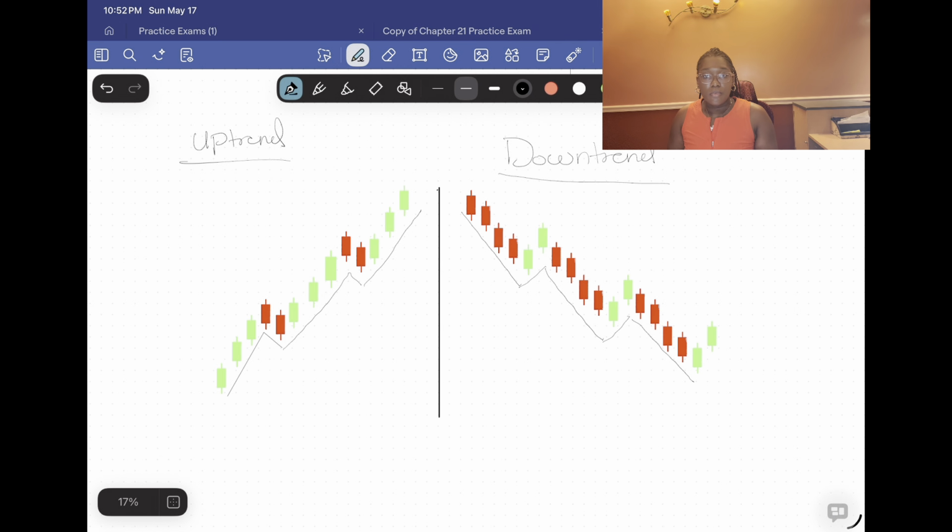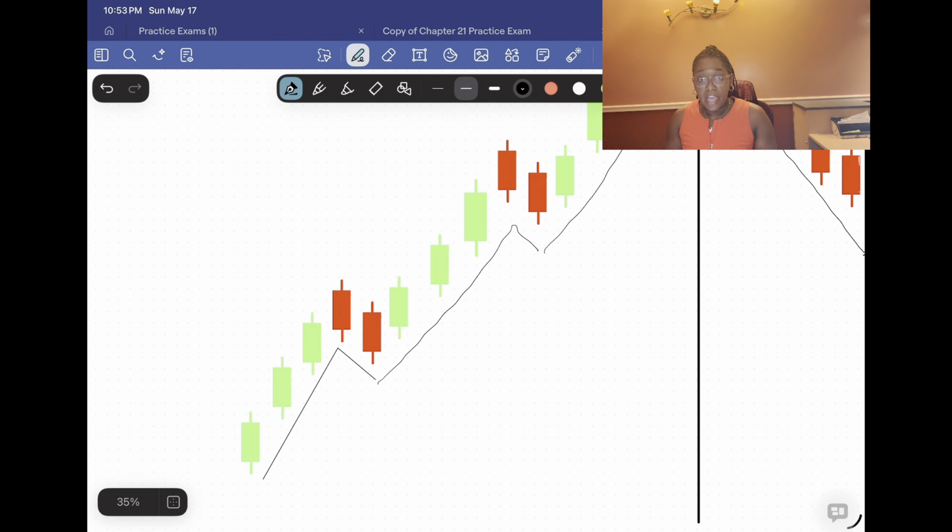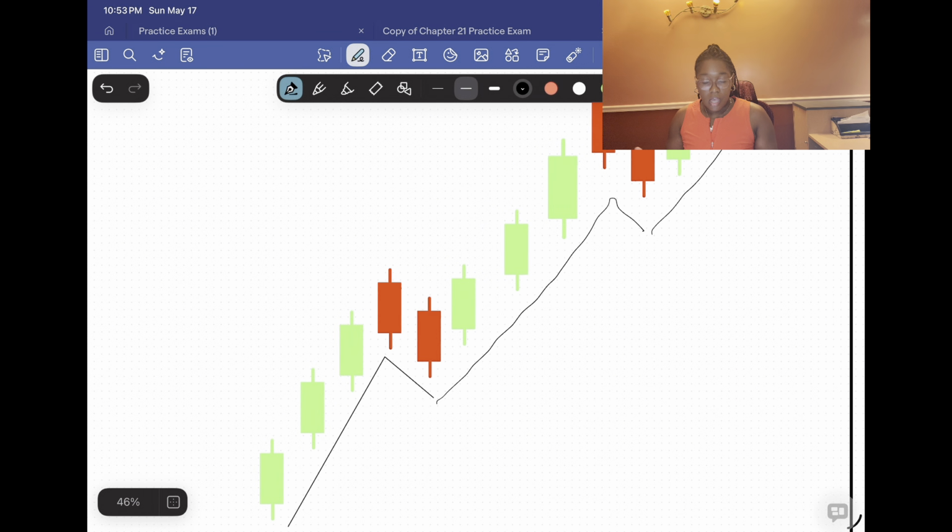So you might ask, what defines a high or a low? How I was taught, a high is considered when you have upward price action moving up and then down, shown by a green and a red candle.